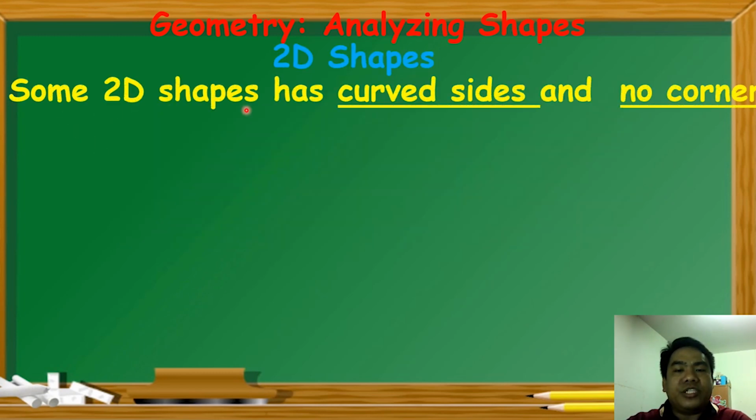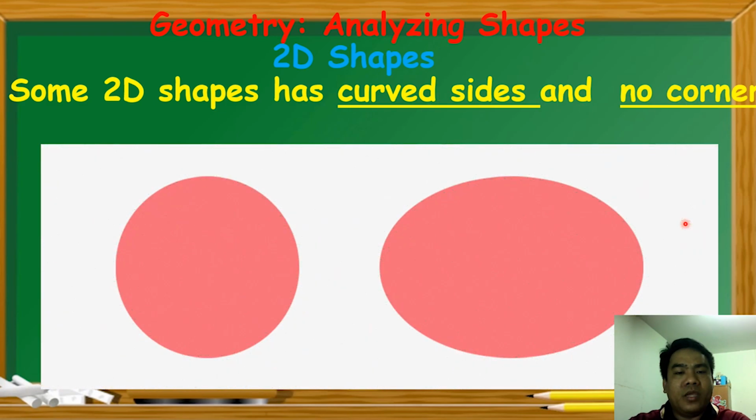Some 2D shapes have curved sides and no corners. This one is a circle. It has a curved side. This is what we call the curve. And this is an ellipse.